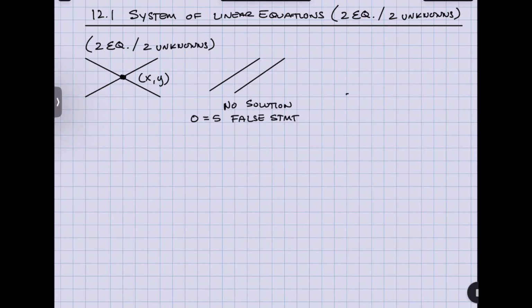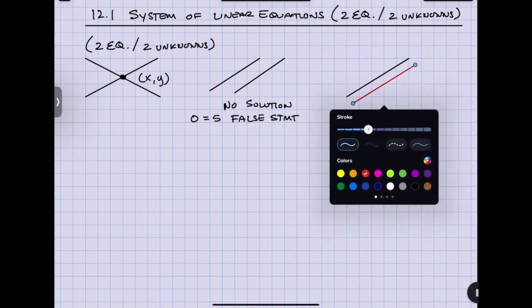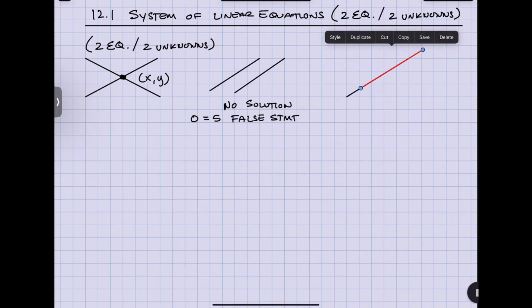And third is if the two lines are on top of each other. That means they intersect all the time. So this is an infinite number of solutions.